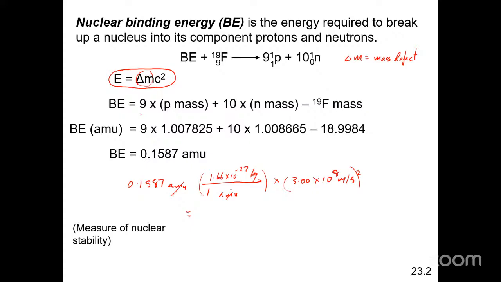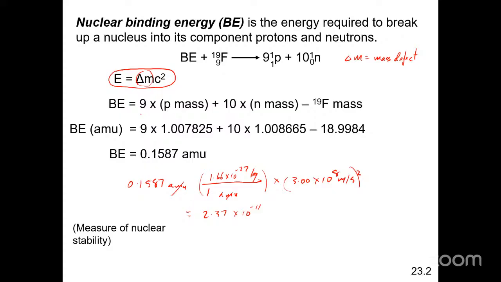And according to my calculation, this works out to be equal to 2.371, actually 2.37 times 10 to the minus 11. You know what, let me do this again because I'm quite sure I made some mistake here. 0.1587 times 1.66 times 10 to the minus 27 times 3 times 10 to the 8 squared.